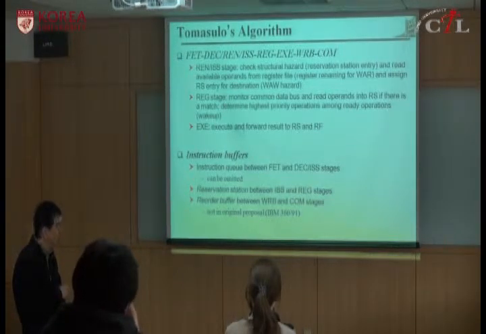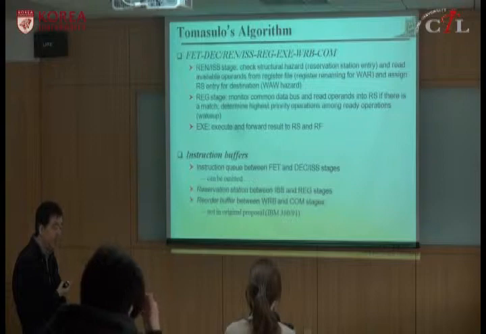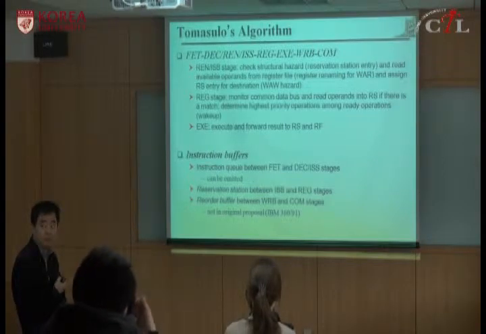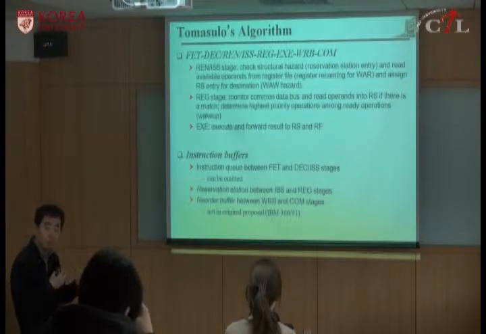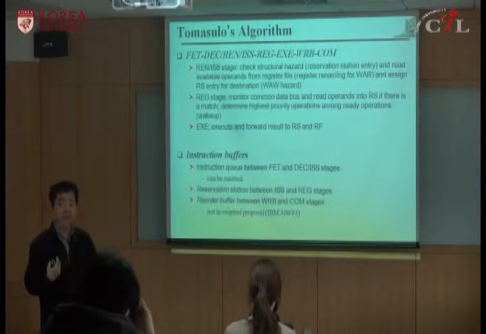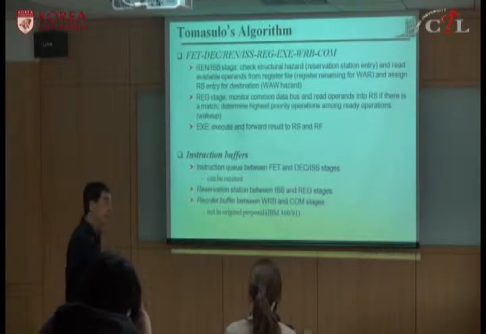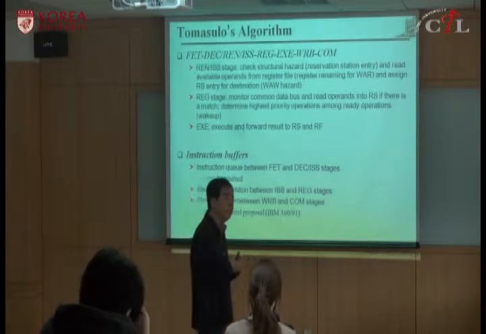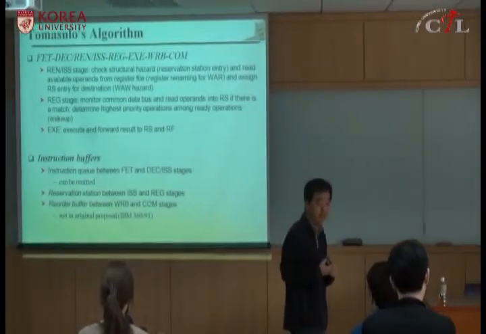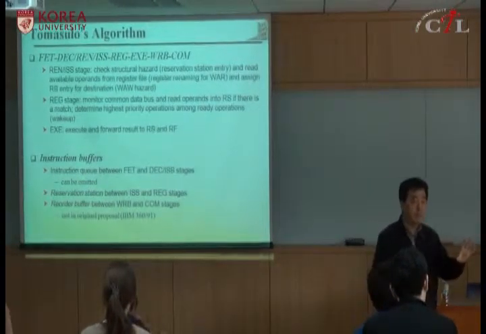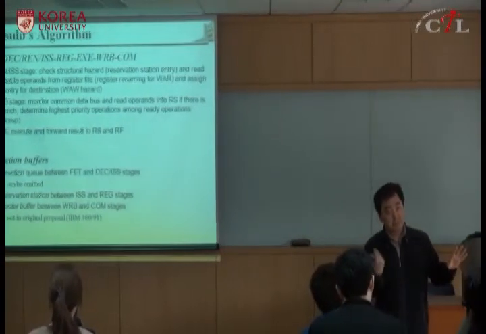In an out-of-order pipeline, there are different types of instruction buffers before you dispatch to the backend functional units. There can be an instruction queue between the fetch and decode stages. This is a decoupling queue between front end and back end. As I said, in Itanium, by having this queue, you can improve integer performance by about 8%, because the front end doesn't have to stall even though the back end cannot consume.